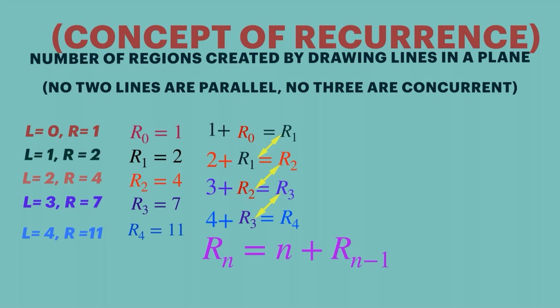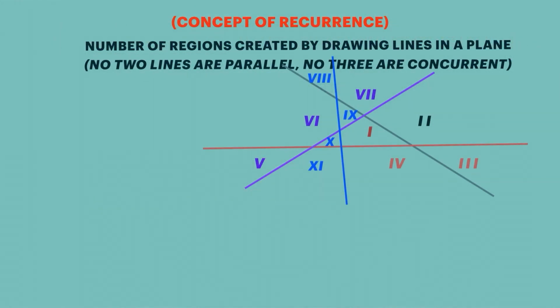So Rn equal to n plus Rn minus 1 is the general recurrence relation or equation of the sequence R. Now we have to find out the value of Rn in terms of n.